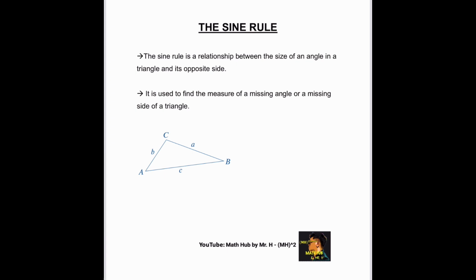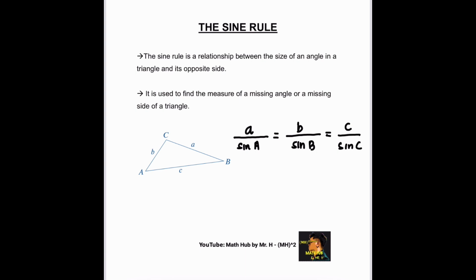So the formula for this rule will be a divided by sine A equals b divided by sine B equals c divided by sine C. You have to be careful with the letters.